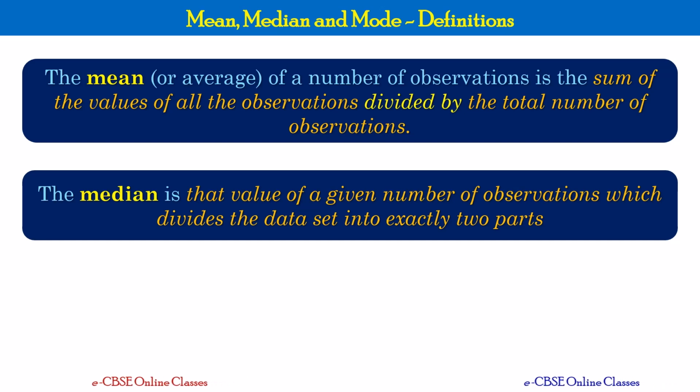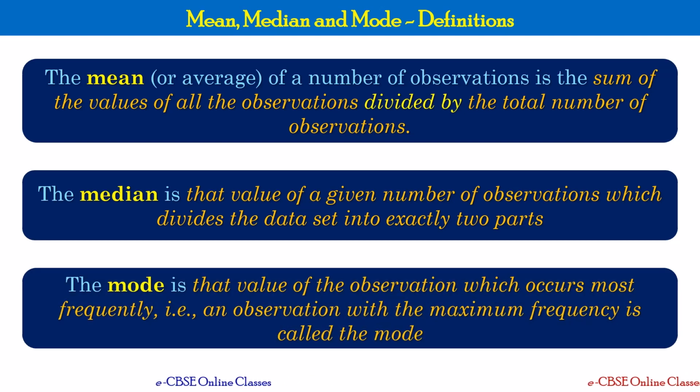Again, remember, before you calculate the median, you need to sort the data either in ascending order or descending order. The next is mode. The mode is that value of the observation which occurs most frequently.